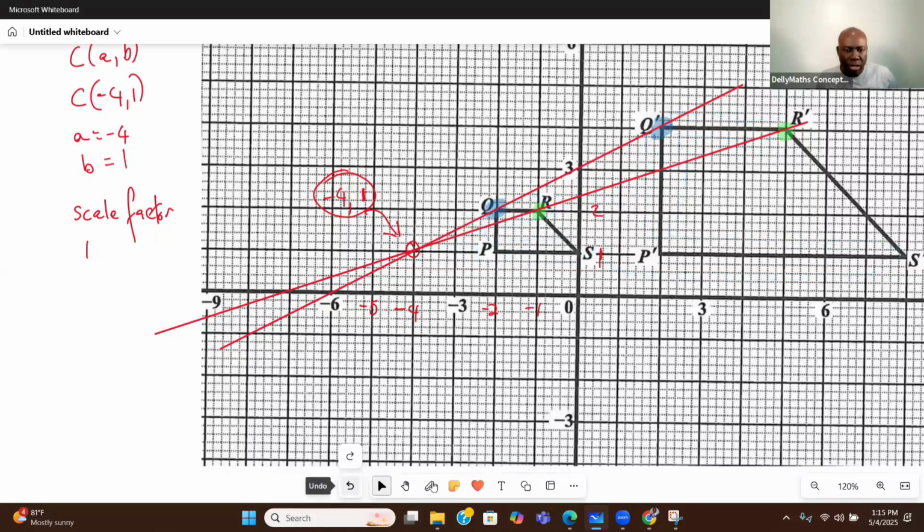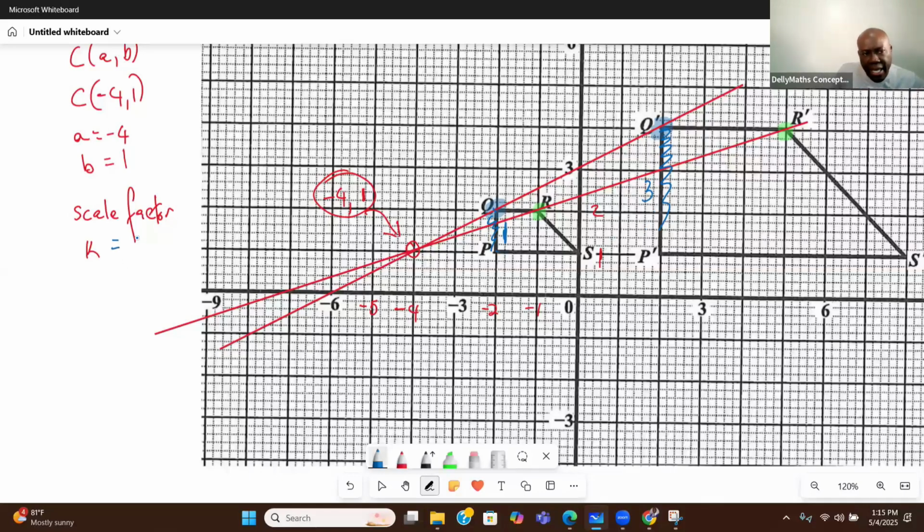Just one pair works. So I'm going to use these Q. I could check. This is 1 unit long from Q to P, but from Q to Q prime is 3.